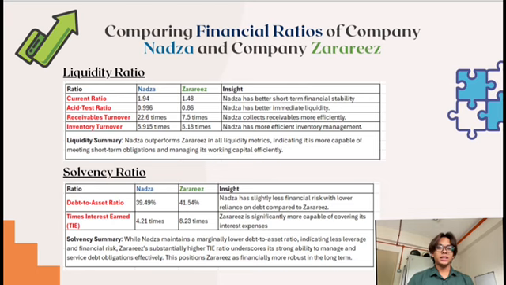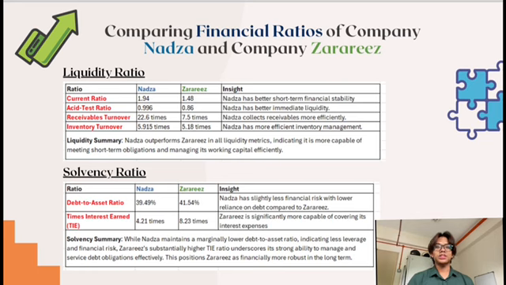Next is to compare the solvency ratio between Naza and Zararis. For their debt to asset ratio, Naza has slightly less financial risk with lower reliance on debt, which is 39.49% compared to Zararis at 41.54%. Furthermore, from the times interest earned, Zararis is more capable of covering its interest expenses.